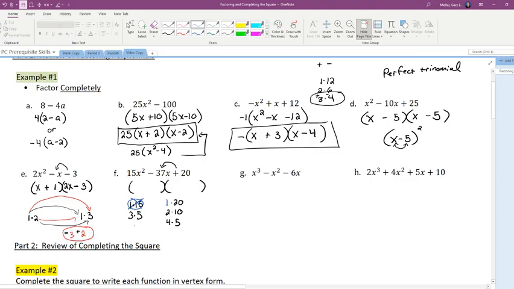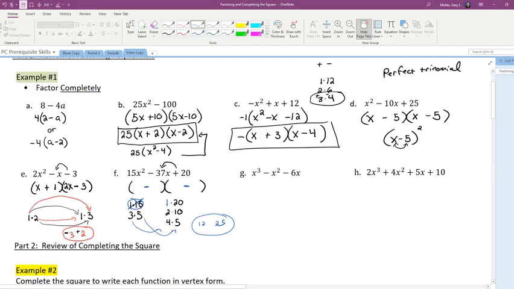So I'm going to go 3 times 4 and get 12, 5 times 5 and get 25, and there's the answer right there. Those combine to be 37, and I want the answer to be a negative 37, and this is a plus sign. So that means both of these are going to be negatives.